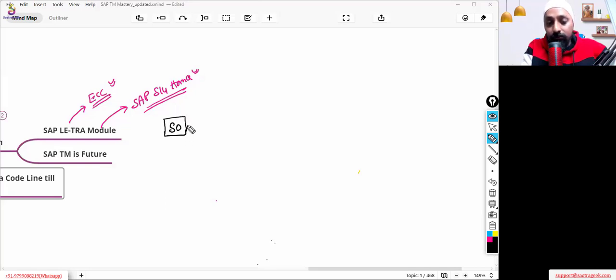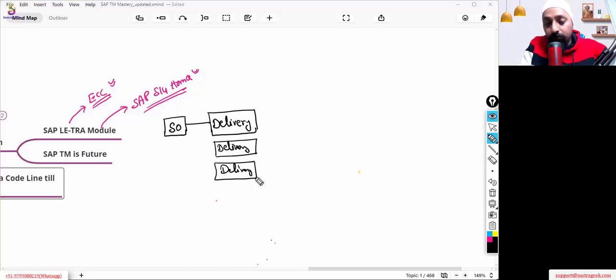From the sales order, we create a delivery document, and there can be multiple delivery documents. Then you can create a shipment document. That's where, from delivery to shipment creation, your shipment module or LETRA module comes into the picture.